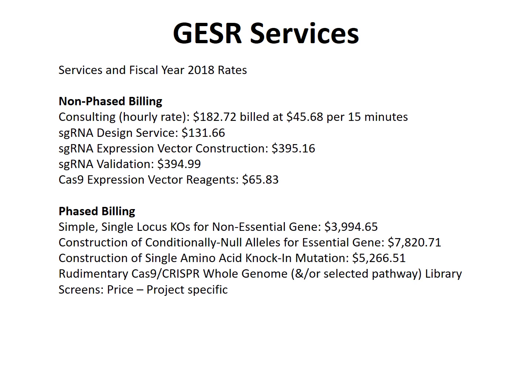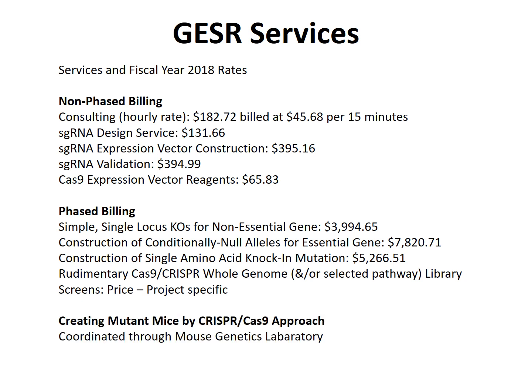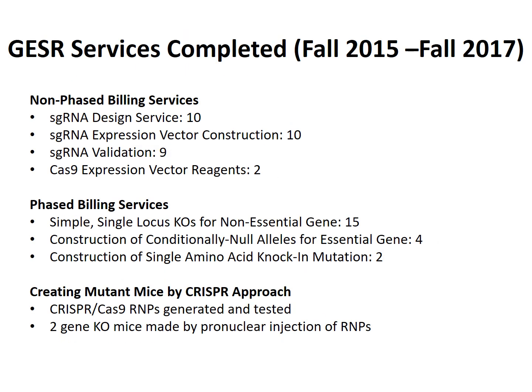This includes what I just demonstrated, the single knockout of a non-essential gene, conditionally null alleles for essential genes, single amino acid knock-in mutations, and also some Cas9 whole genome screens. We haven't done these yet. We are in the process of getting ready to do some of these in the future, but those are project specific. And finally, in the last year, we've started coordinating with the MGL to make mutant mice by CRISPR-Cas.